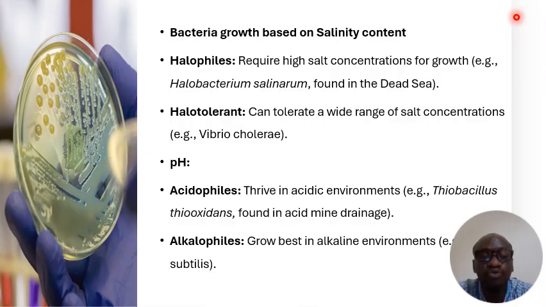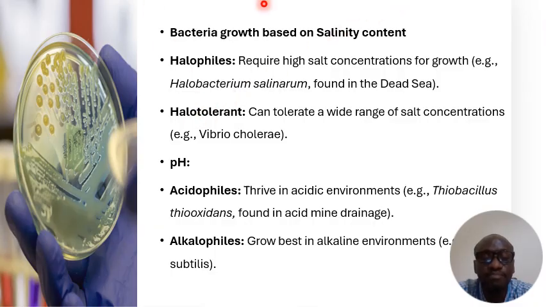We also have those that are classified based on their pH level. That is, we have the acidophiles that thrive in acidic environments, and we have the alkalophiles that prefer alkaline environments. That is, they like to live in pH above 9.